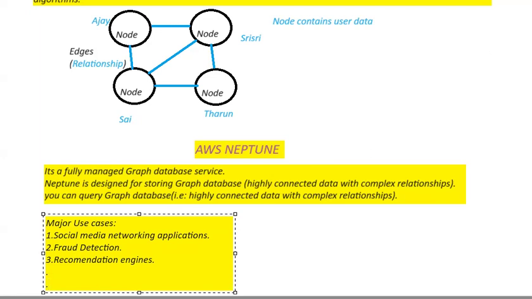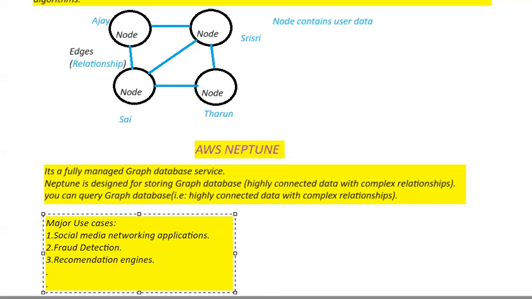Whenever a user opens the same website again, a recommendation for the particular item he bought will be there. It is done by using the graph database only. You can do that by using Neptune.